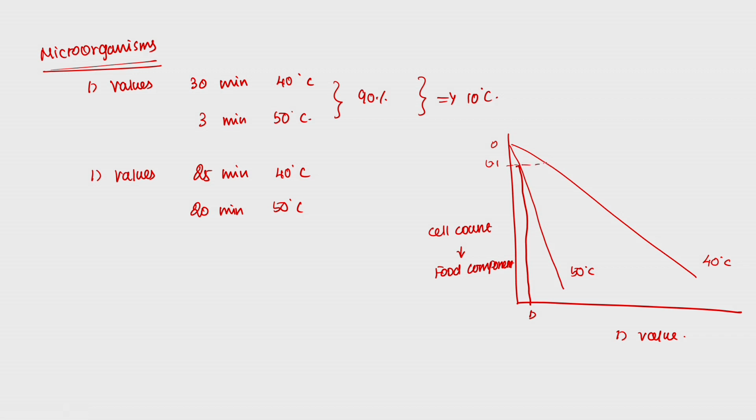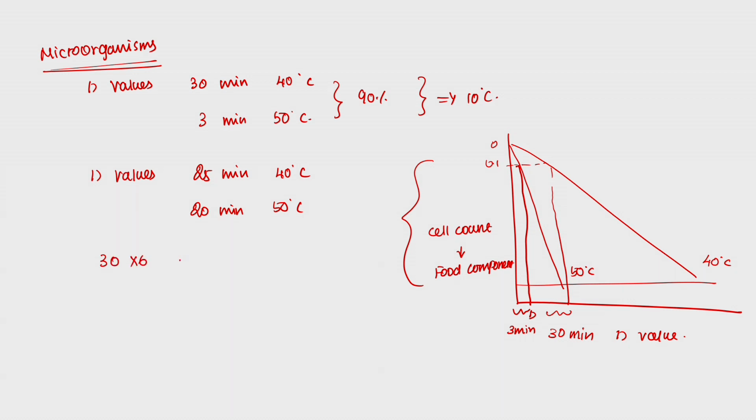Food component in the sense what I meant here is maybe some nutrient content, some vitamin or something, right. If I have this extended here, that is nothing but 30 minutes, which is what I mentioned here, and this is 3 minutes. If I fix something like 6 log reduction, in the sense my microbiologist says that for that particular food processing I would require 6 log reduction of any microorganism, how does it work?